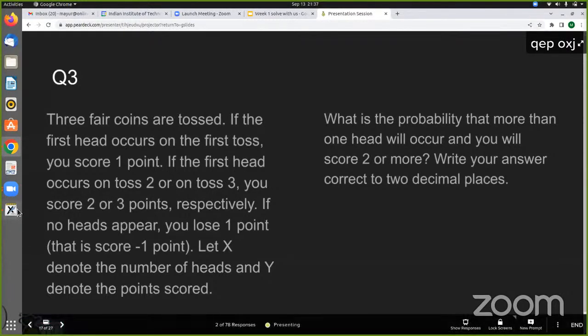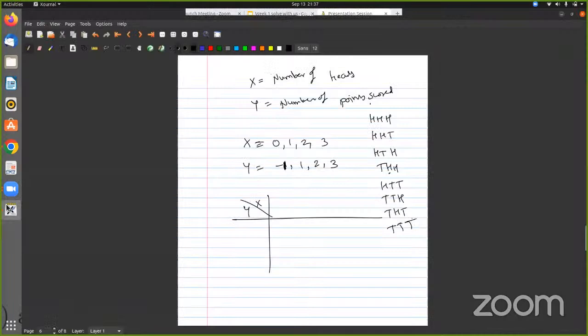So first toss means toss of the first coin, right? Actually, three coins are tossed, so yes, you can say it like this. You can consider either way. Either you toss 3 coins and say the first head appears on the first coin.